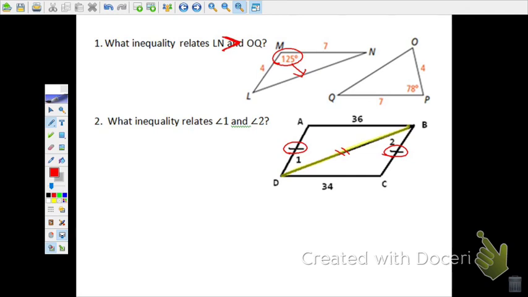This time they didn't give me angles. They gave me the third side, 36 and 34. So 36 is the longest, which means angle 1 is the largest angle. So angle 1 is greater than angle 2.